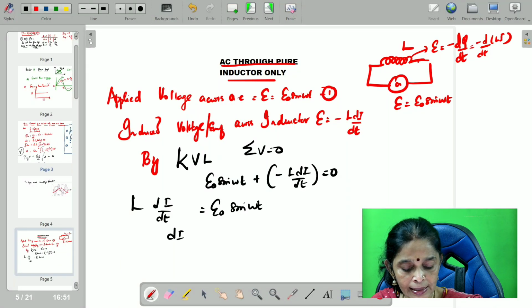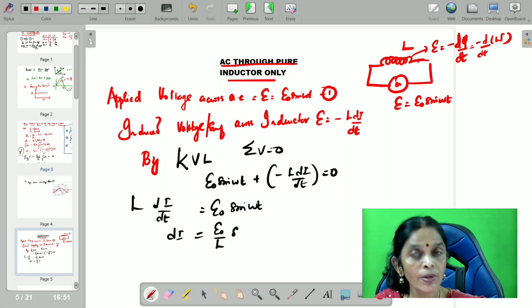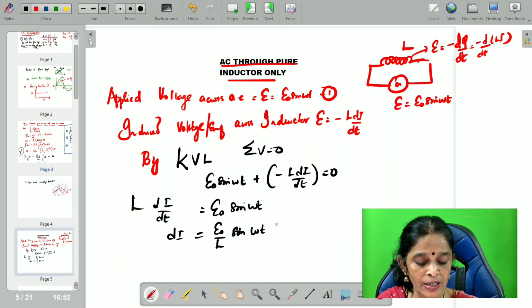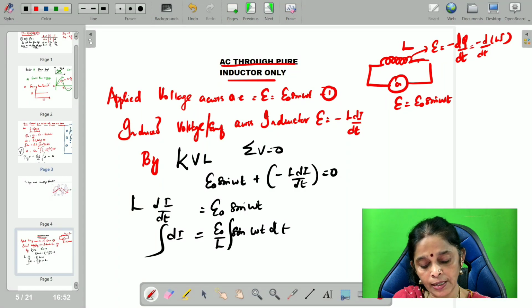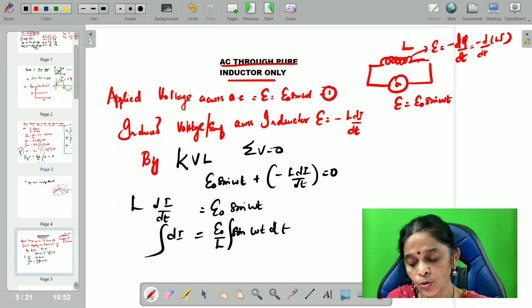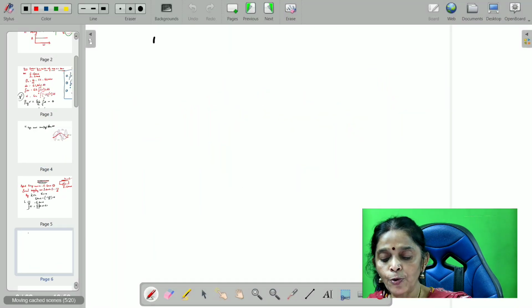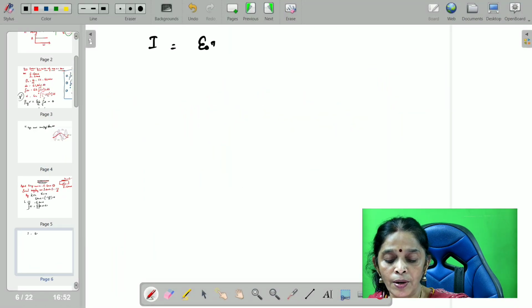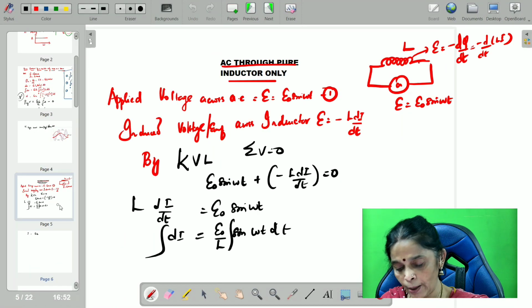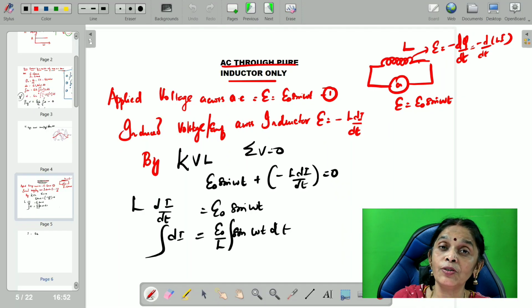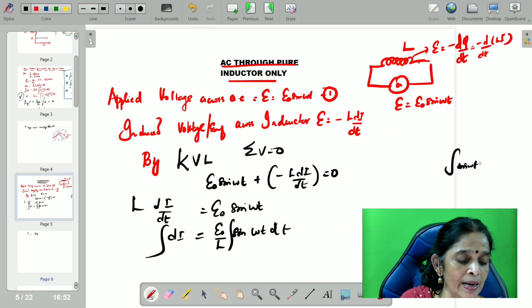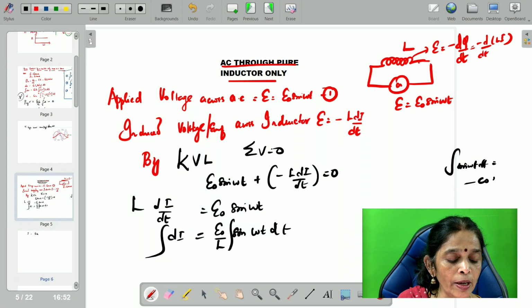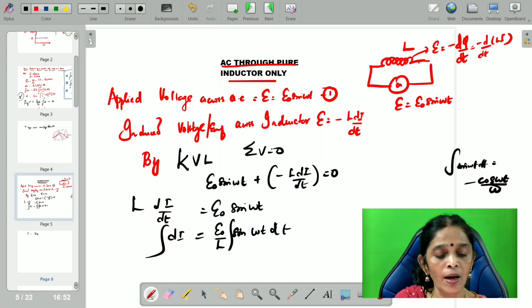So di is equal to E naught by L into integral of sin omega t dt, integrating both the sides, indefinite integral. What is the integral of sin omega t dt, children? In the previous class we have seen, no? The integral of sin omega t dt is equal to minus cos omega t by omega.